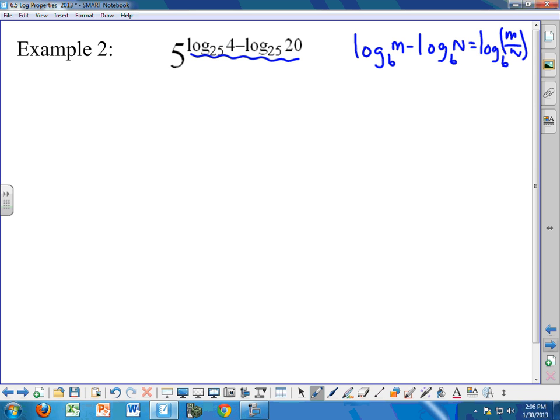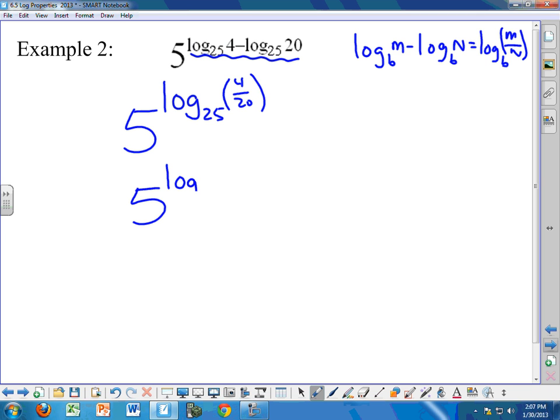And so because of that property, we can say, why don't we do this? Log base 25 of 4 over 20, which cancels and makes 1/5. So log base 25 of 1/5.